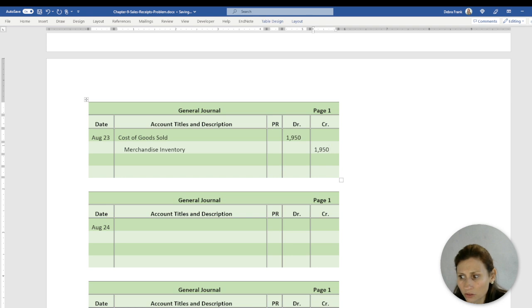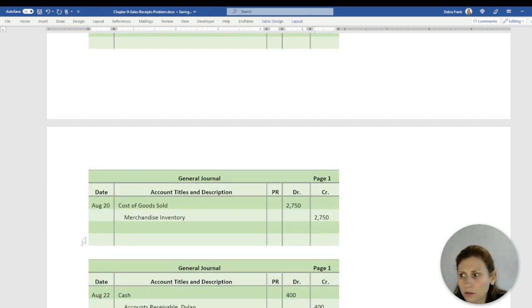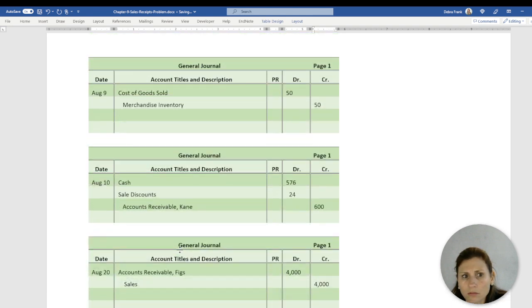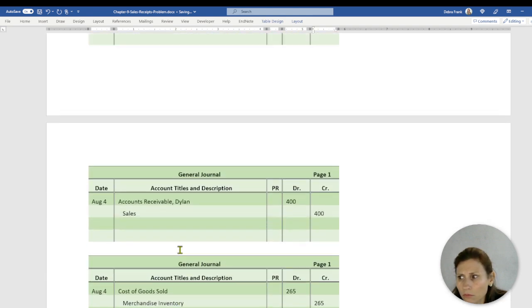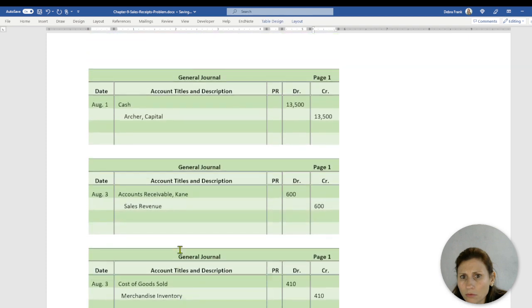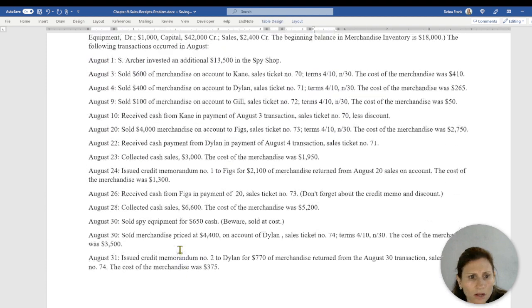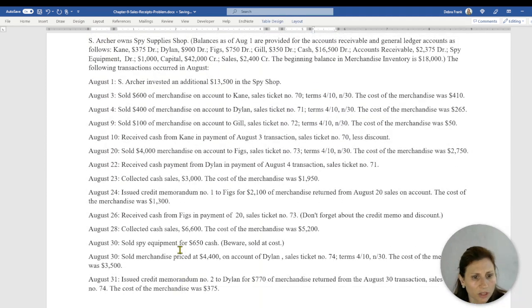Now we have August 24th transaction. So let's go look to see what that one is. All right, so on August 24th, we issued a credit memorandum to FIGS for $2,100 for merchandise returned on the August 20th sale.